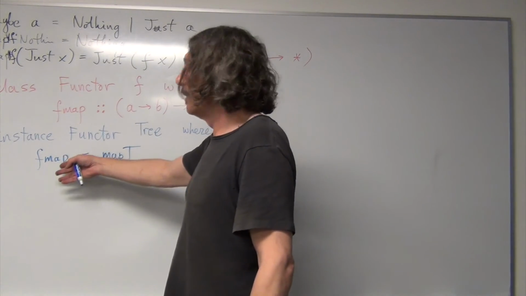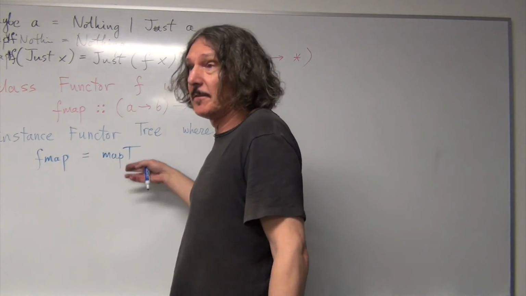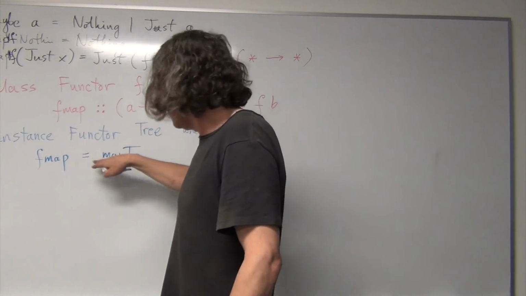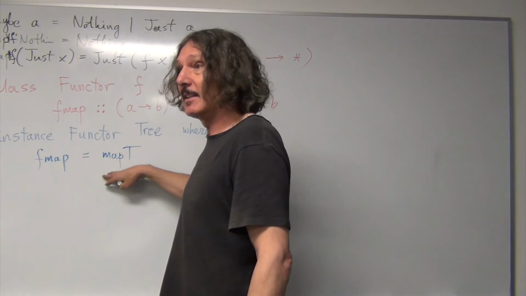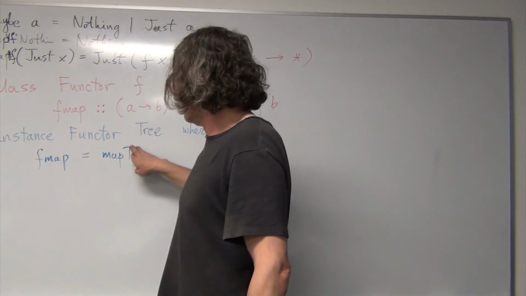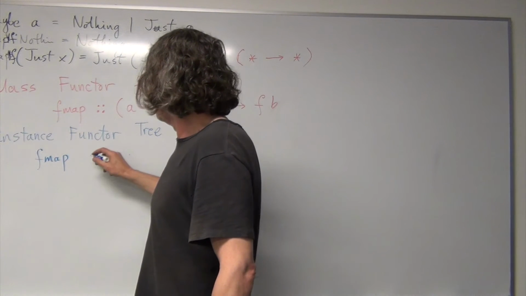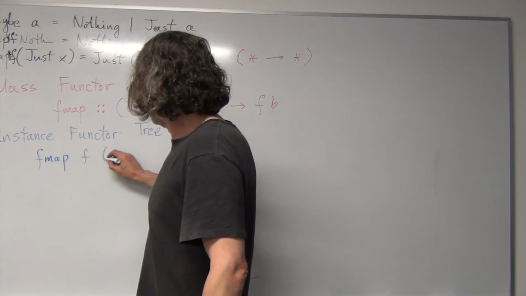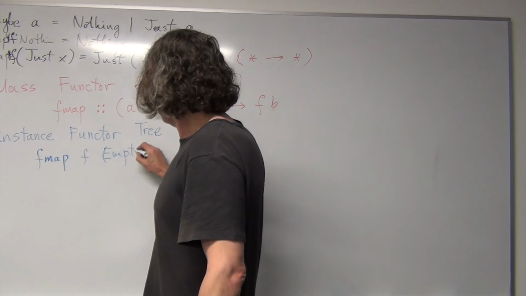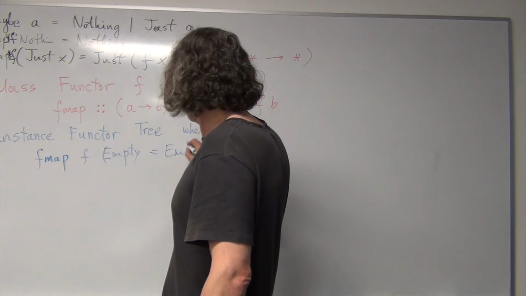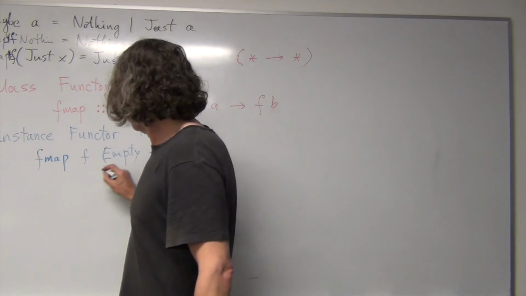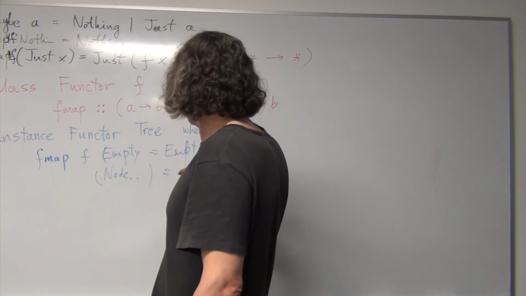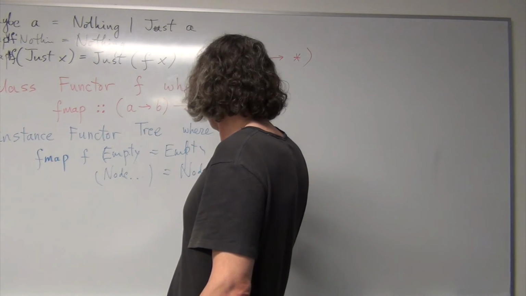And you can put a regular definition of a function here. It doesn't have to be just equal to some other function. You can define your function, implement your function right here. You can implement fmap right here. So I could have put fmap of some f Empty equals Empty, and fmap of Node blah blah blah equals Node blah blah blah.